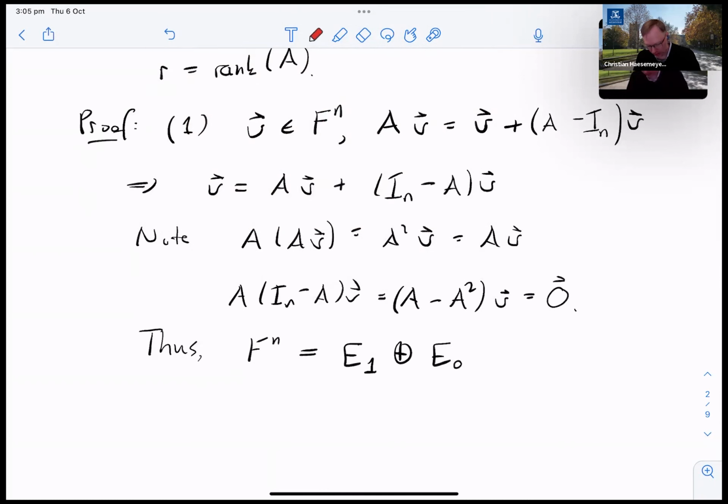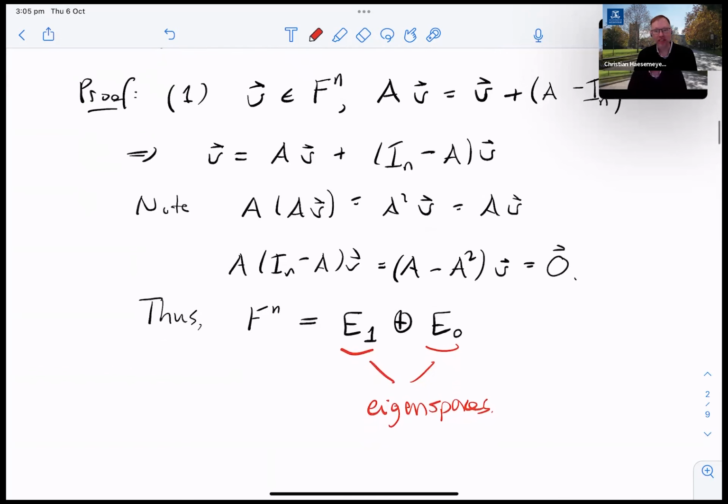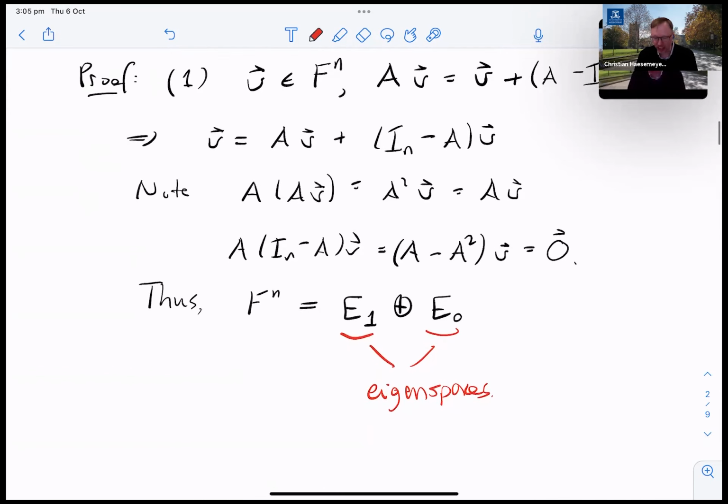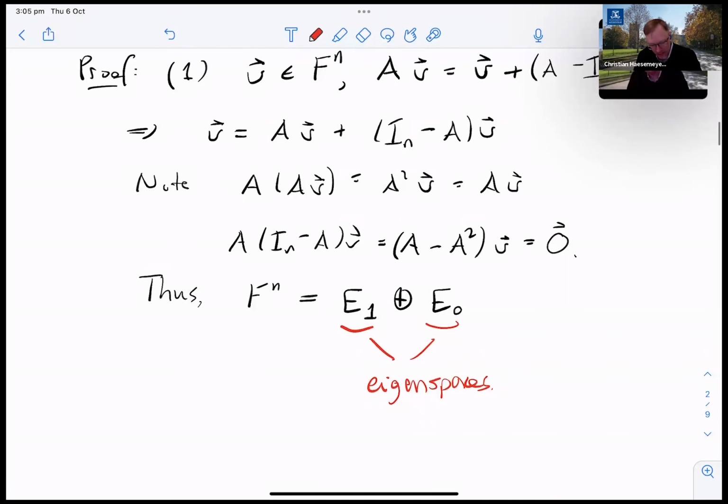So these are going to be eigenspaces. And now if we are just doing first-year linear algebra, or any linear algebra as long as the coefficients are in the field, we are now done, right? Because being diagonalizable means precisely that every vector in the vector space can be written as a sum of eigenvectors.